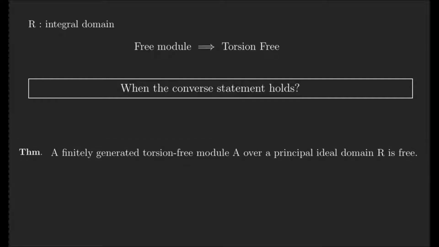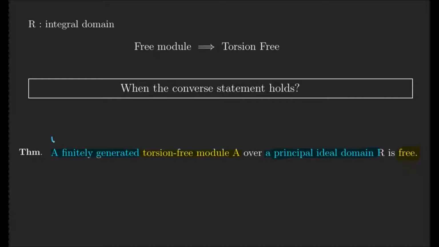The following theorem represents the answer. Let's read this theorem. To begin with, check: a torsion free module A can be free, the converse statement satisfied, when A is a finitely generated torsion free module over a principal ideal domain. This is because our protagonist comes to write the principal ideal domain. Okay, so the condition is here.